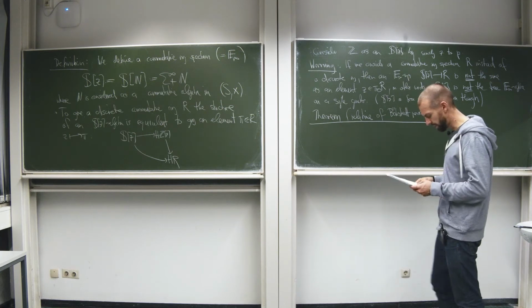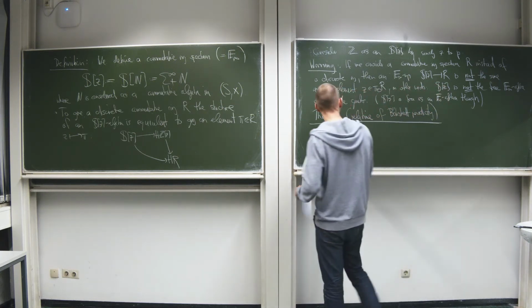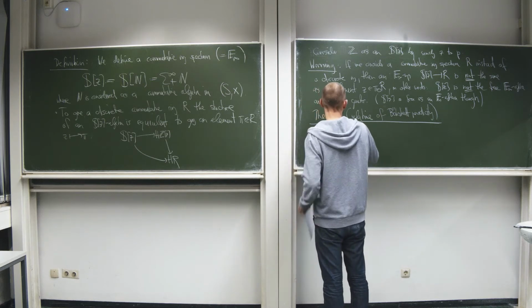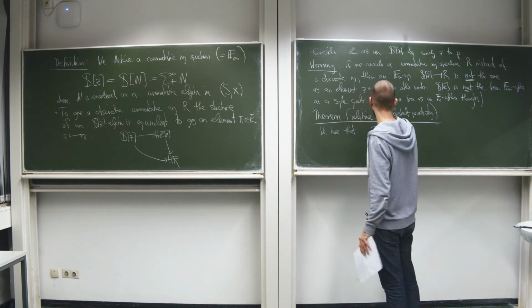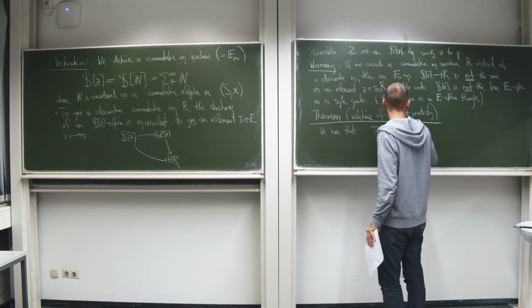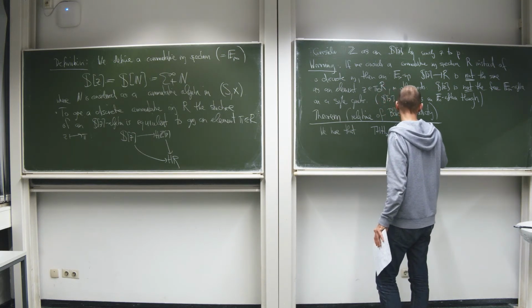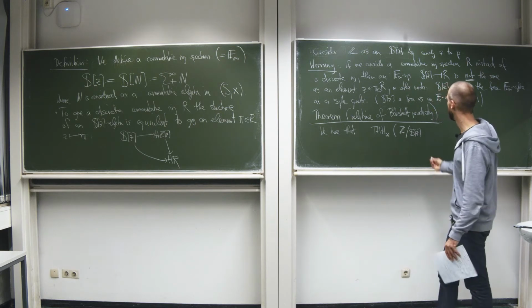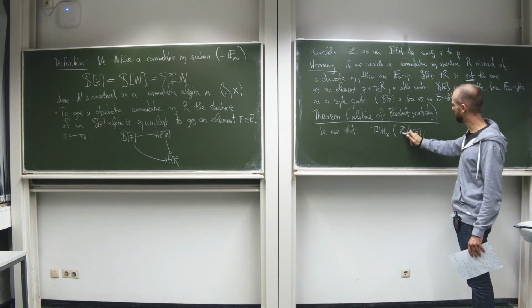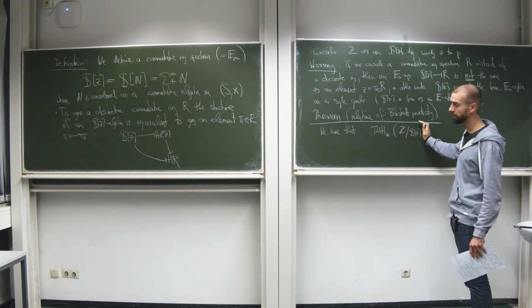Okay, so what's the statement about relative Bokstedt periodicity? So the statement is that we have THH star of the integers relative SZ. And this is again by sending Z to P. And this makes sense now, right? Because this is a commutative algebra in SZ modules.